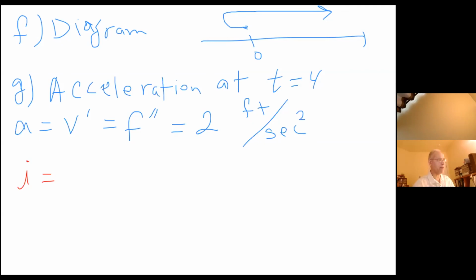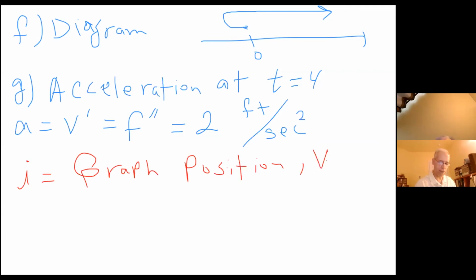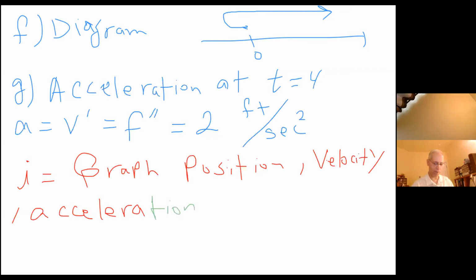Okay, part I, usually textbooks ask you to graph position, which is f of t, velocity, which is f prime of t, and acceleration, which is f double prime of t.